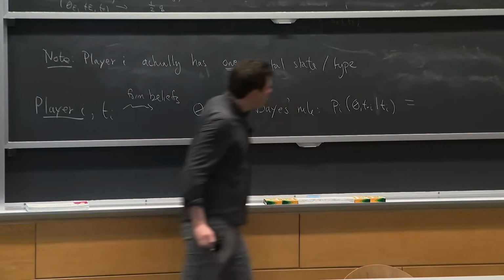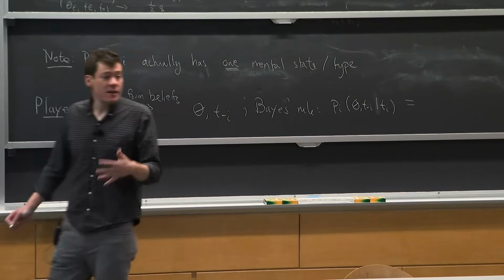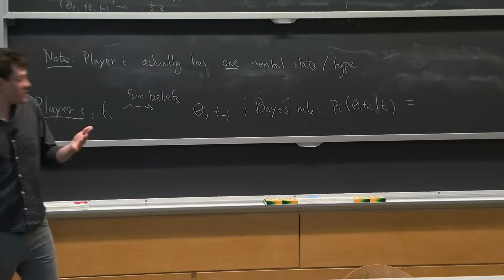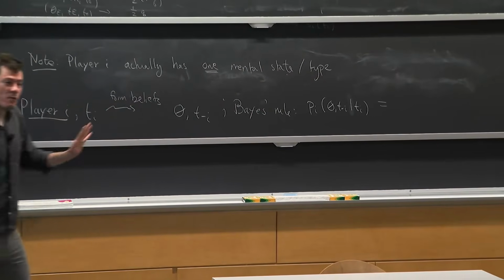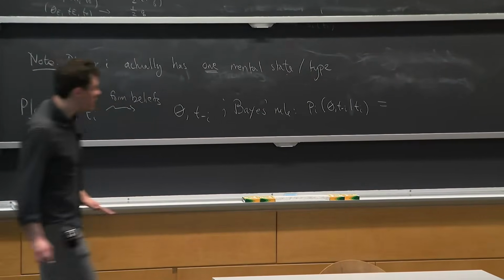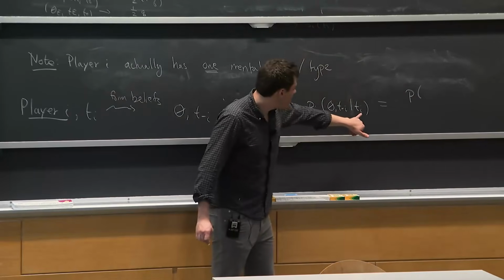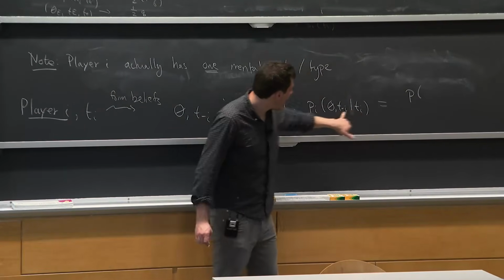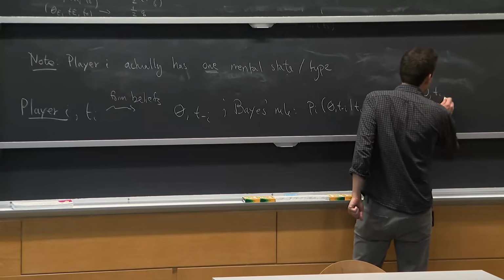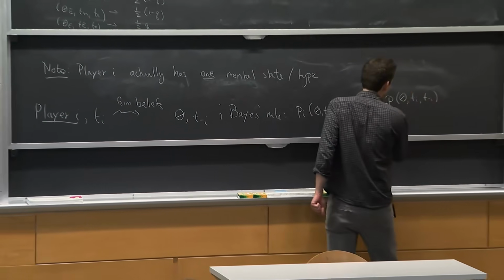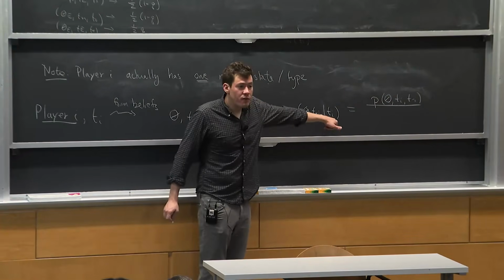But what is this? Well, the probability of A given B is the probability of A and B divided by the probability of B. This is what Bayes' rule says. And I'm going to go over it too fast, so if you haven't seen it, this won't make sense. I think you'll have to study it on your own. I'm happy to talk after class. So what are we going to get? On the top, we're going to have the probability that my type is Ti and this is the state of the world, so we're going to get theta, Ti, T negative I. On the bottom, we want the probability of Ti.